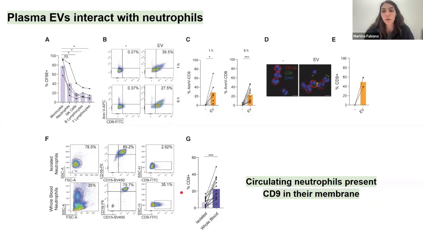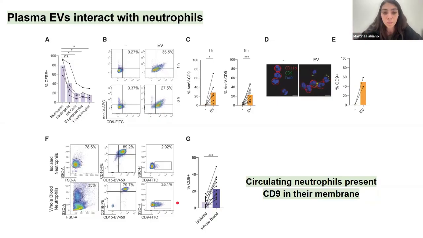This means that those neutrophils were identified by gating strategy in flow cytometry and not by any isolation procedure. And we compared the CD9 percentage of both neutrophils in the same donor samples.